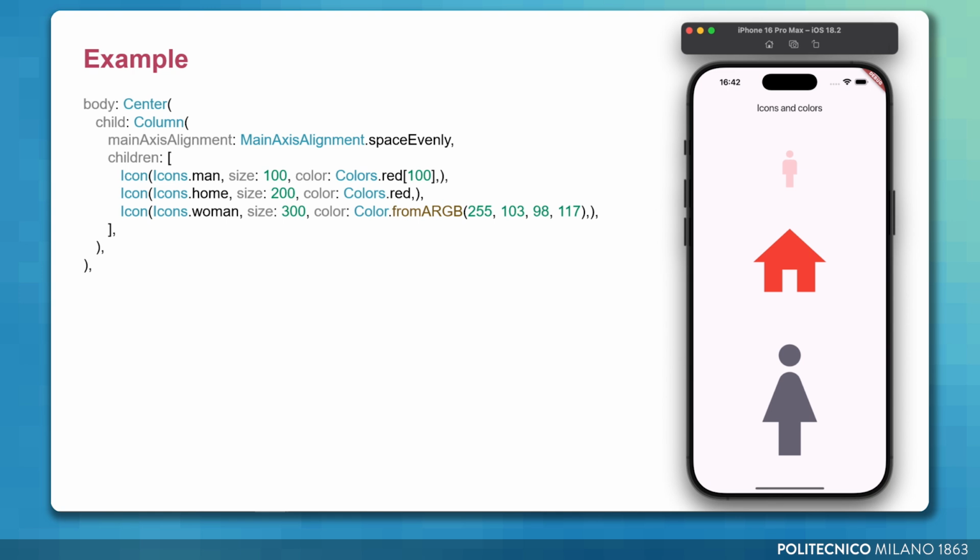It's important to note that while the two icon colors are set using the colors class, the third uses a special constructor from the color class.